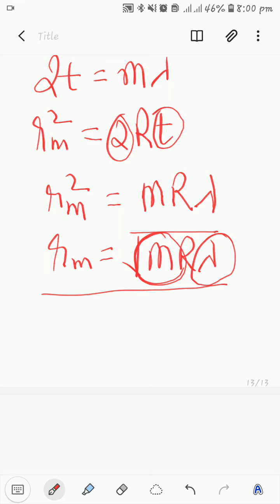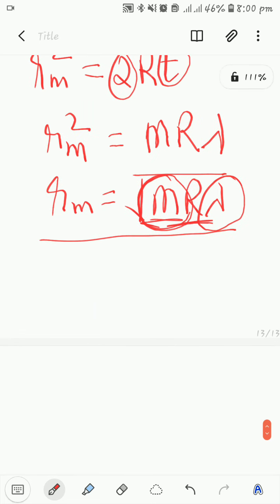Okay, the radius of curvature will be a constant, so the radius depends upon the order of the fringe. So as we increase the order of the fringe, what happens to the radius? The radius goes on increasing. So how can we write that? We can put the different values of m.